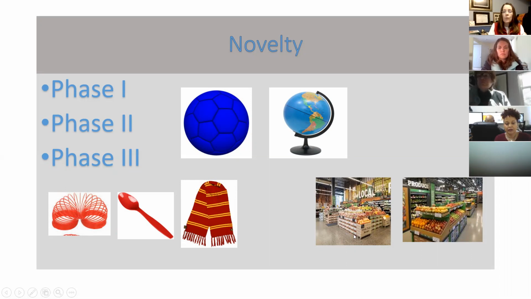Tying in what a student knows about one grocery store, and then using that information that's familiar to them, talking about the salient features of that supermarket and tying that into a new grocery store. So taking a novel environment as a new grocery store, tying it to something that they're familiar with, so that we can help them add that to their visual schema.